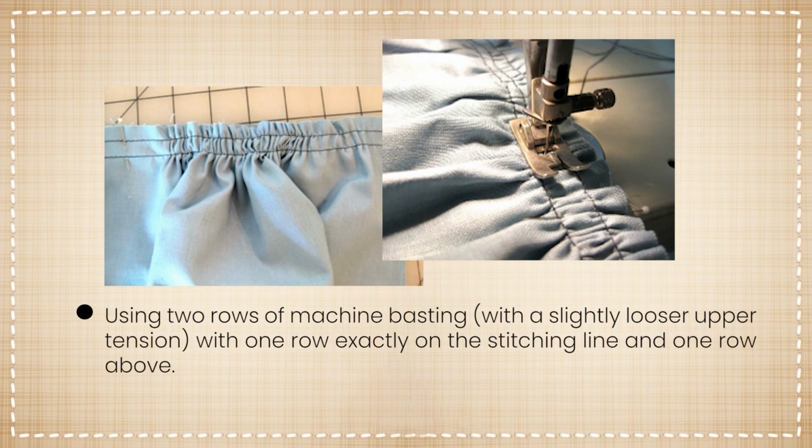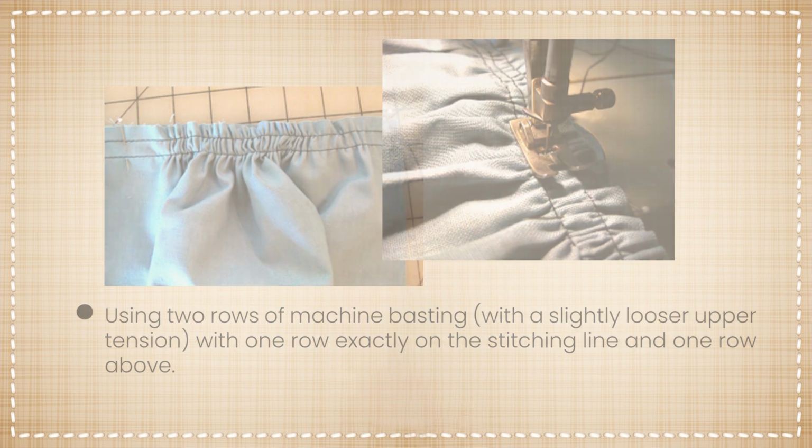So there are various methods of controlling gathers or constructing gathers. You can use 2 rows of machine basting with a slightly looser upper tension with 1 row exactly on the stitching line and 1 row above.